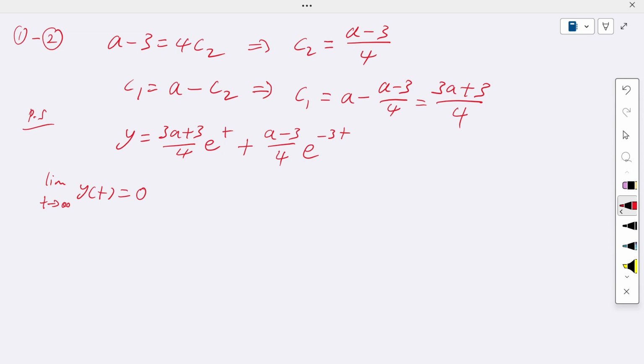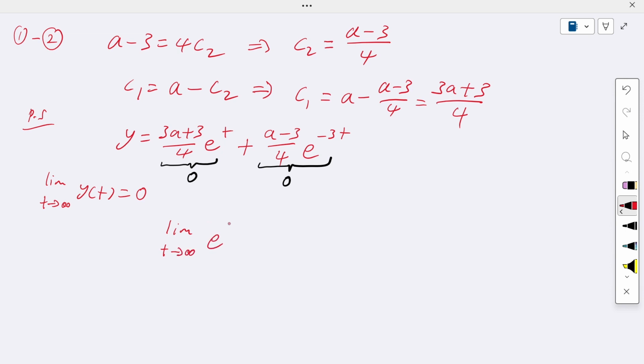Now, this solution y(t) consists of two terms. In this case, meaning that if y is equal to 0, that means this term must be equal to 0 and this term must be equal to 0, so it can satisfy the equation y equal to 0. Now we look at the first term. In the first term, let's assume that we have the limit as t goes to infinity.